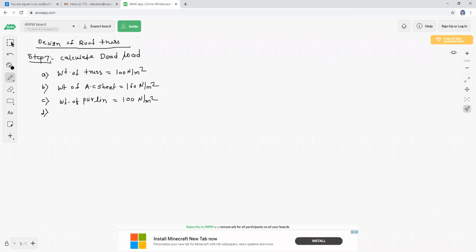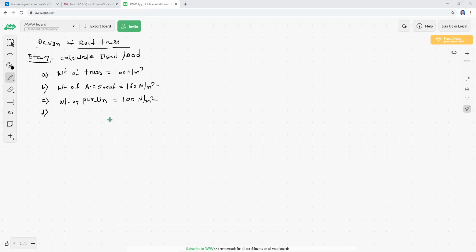We calculated it in the last lecture, completing step number 6. Gaurav, please verify. At the time of closing the last lecture, we covered this step, inclined length of one panel.